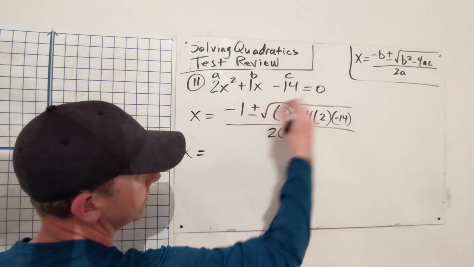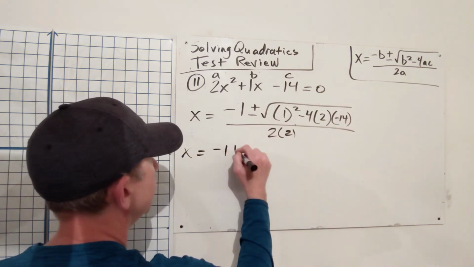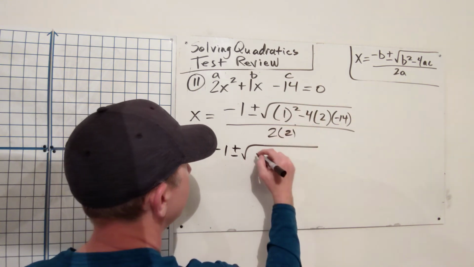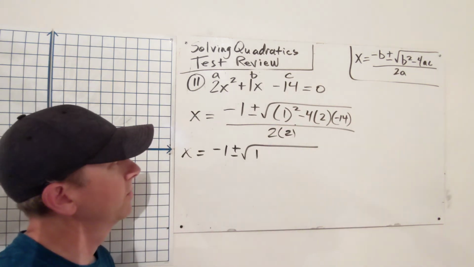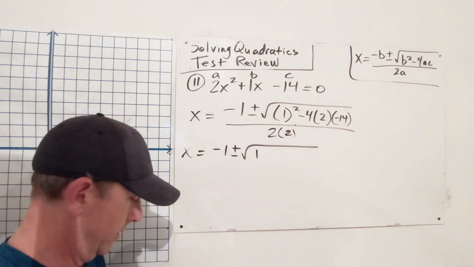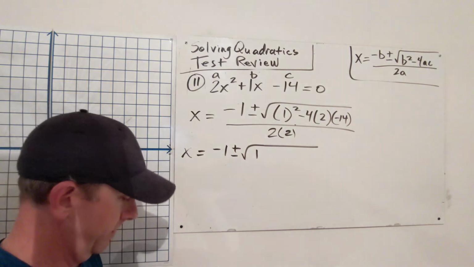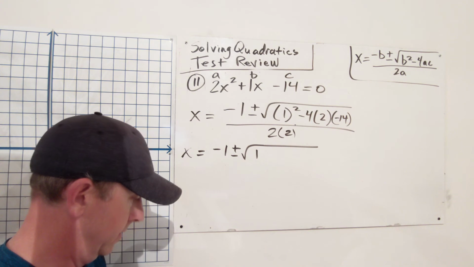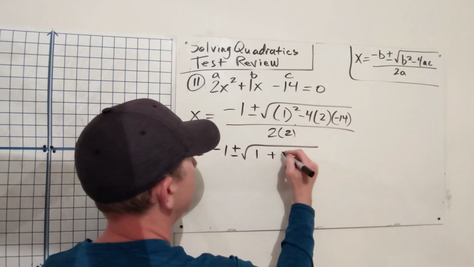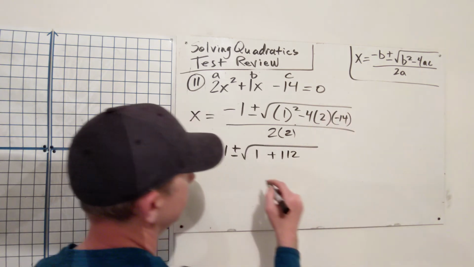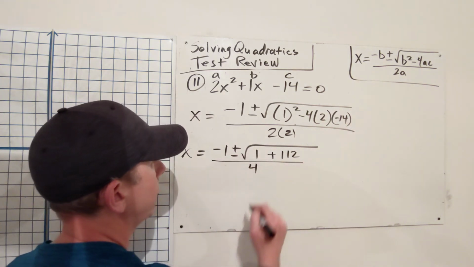All right, so now we've got to be careful and simplify things. So negative 1 plus and minus the square root of 1 squared is 1. So we multiply all this out. I believe on this one, let's see, we've got 112. Now negative times a negative makes it a positive 112. And you just use your calculator for that. Over 4.